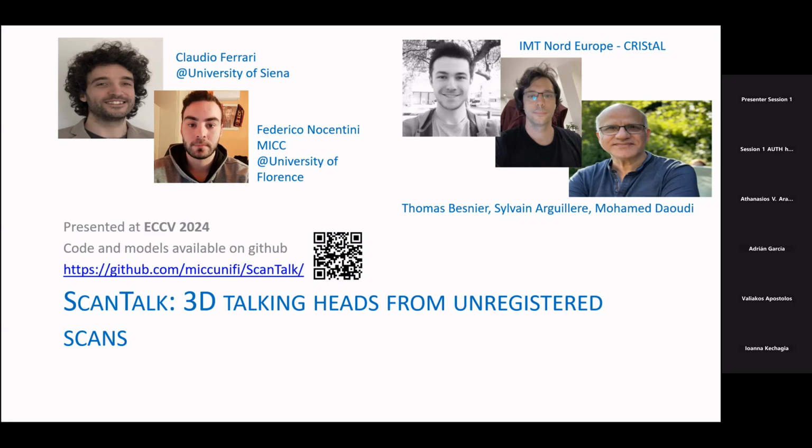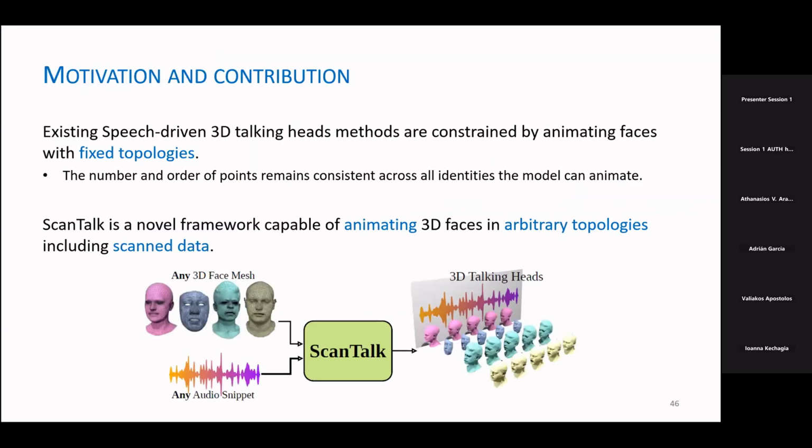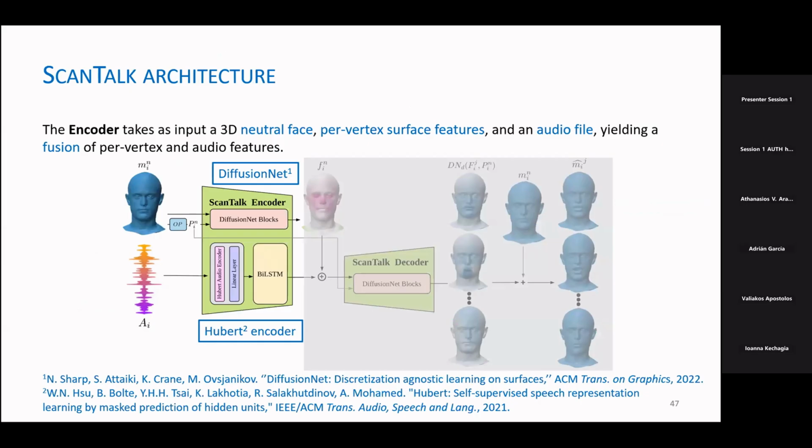Basically, the main contribution in this paper is finding a way of working with the features that we extract from the 3D mesh, rather than working directly with the points themselves. So here you can see the architecture. Also in this case we have an encoder and a decoder.